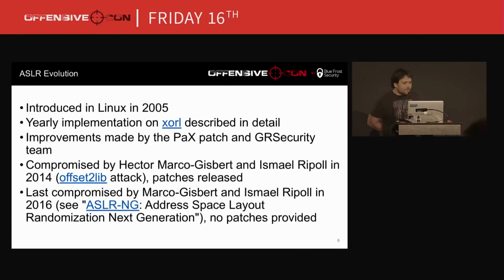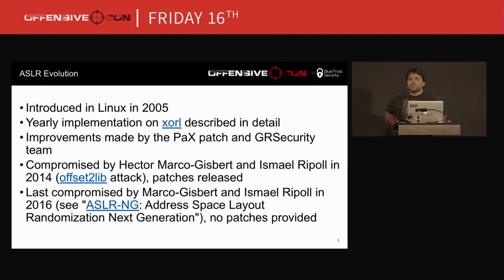Some evolution of address space randomization. It was first introduced in Linux in 2005, and you may find a good description of it on the Xorl site. The link is provided. And of course, good things were made by the PaX team and Grsecurity.